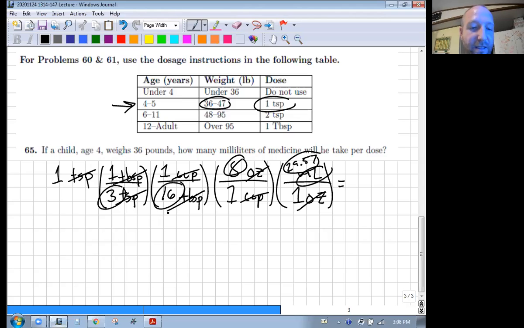Divide by 16. And we get 4.93 milliliters. Any questions about this? That was a journey, right? We had to go through 4 different units to get to the unit that we wanted.